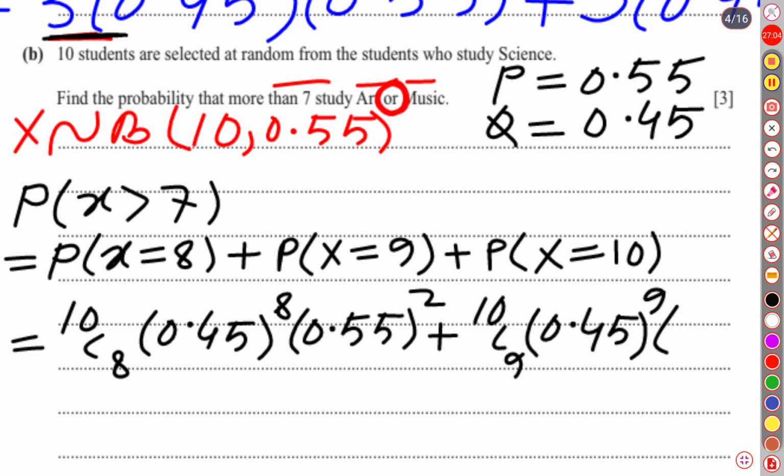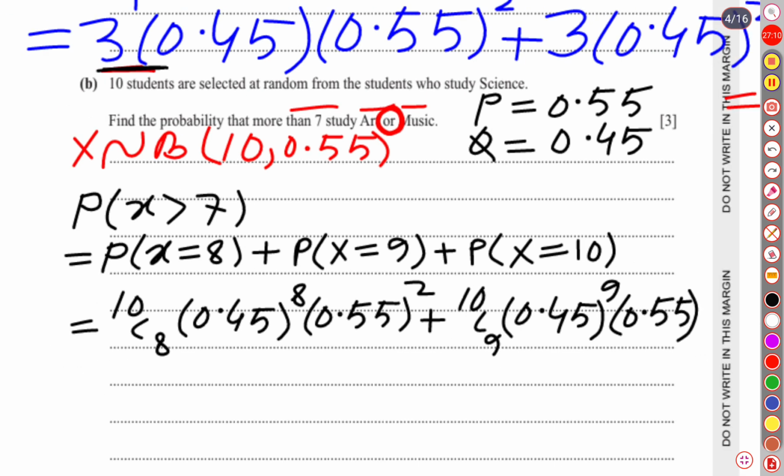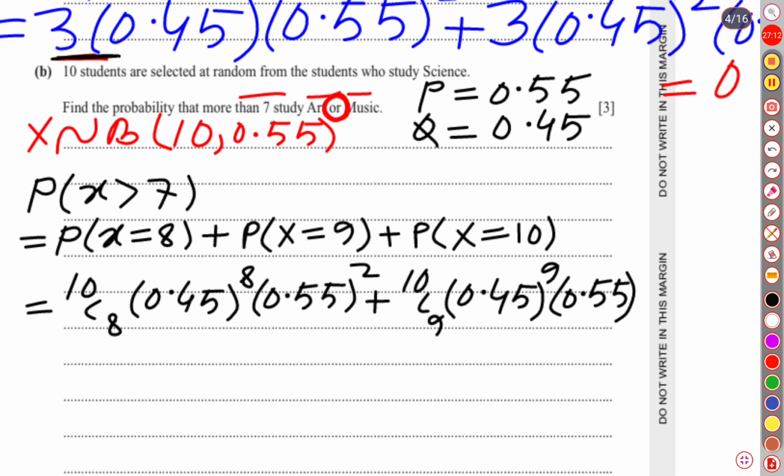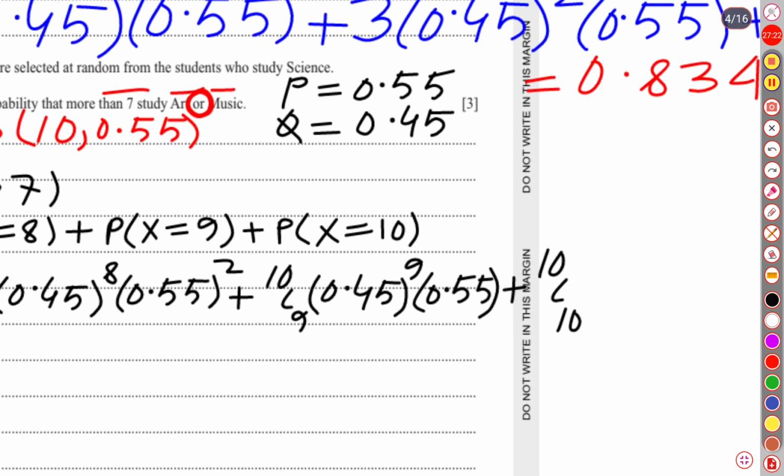Only one student is left who didn't take, so it will be 0.45 once. After that, out of 10, if all 10 students, 10 choose 10, have taken art or music, the probability is 0.55 raised to 10, and no student is outside art or music, so it is raised to 0.